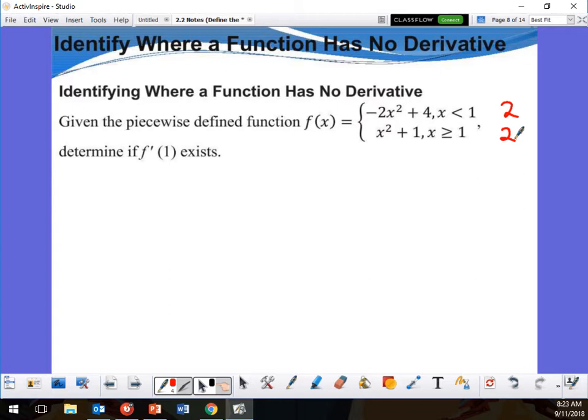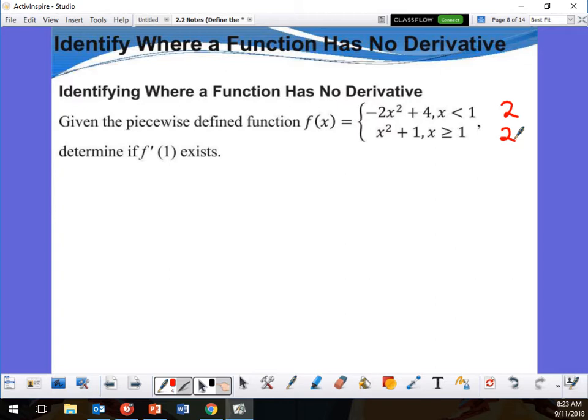Okay, so now we have to look at the derivative. So now, for this, I have to see what it's going to be on this side of it. Okay, on the less than side of it. Okay, so on the left-hand side of it, we will look at it and go, all right, so I'm going to do a change.